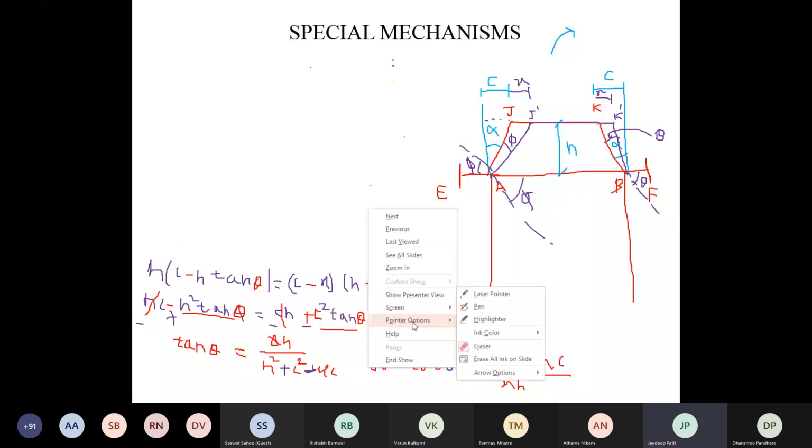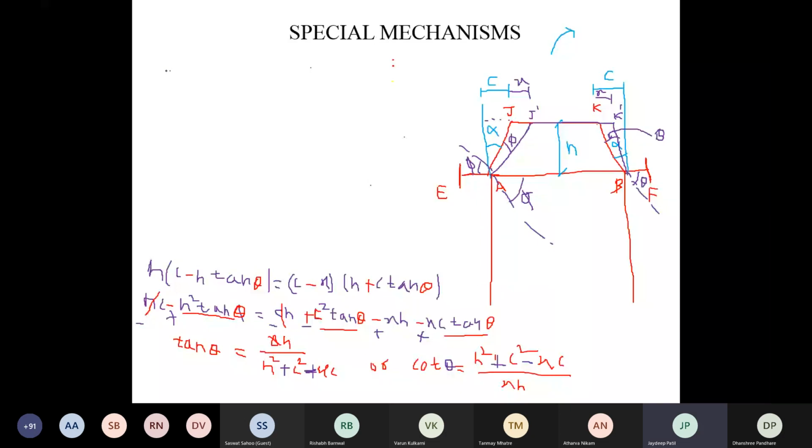Cot phi minus cot theta is equal to B upon L. B by L ना?